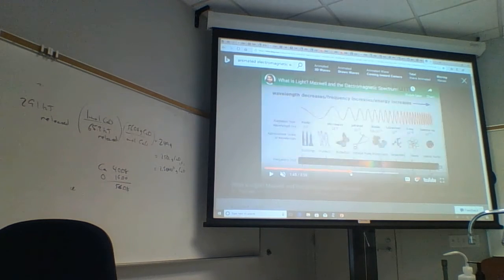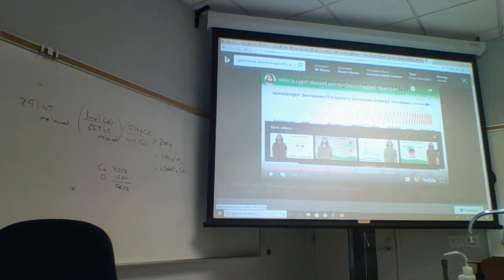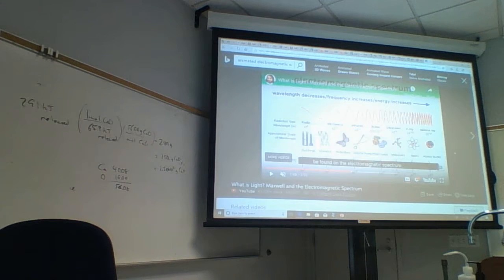So here, basically we'll do this. We'll start off with the highest energy form of light. This is going to be the electromagnetic spectrum, I'll abbreviate EM spectrum. Thinking about the highest energy, we have gamma rays up here.